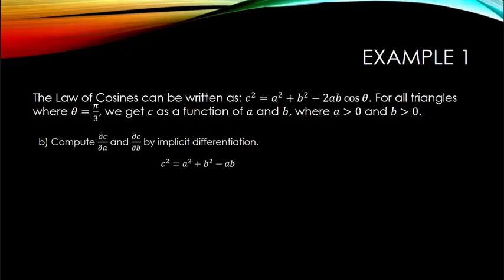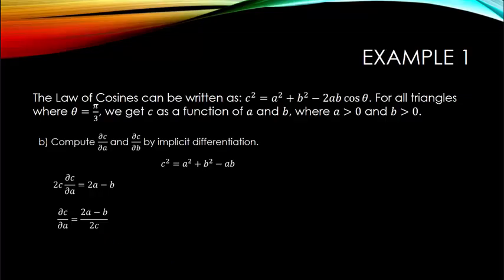The partial derivative of c with respect to a on the left will give me 2c times the partial derivative of c with respect to a, which is equal to 2a minus b. Notice that my b squared is handled as a constant here, so it just has a derivative of 0. Now I'm going to divide through by 2c, and I find that the partial derivative of c with respect to a is given by the quantity 2a minus b over 2c.